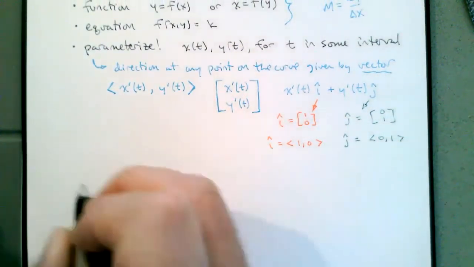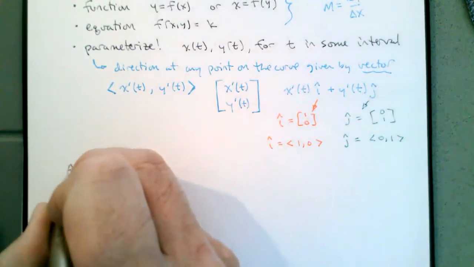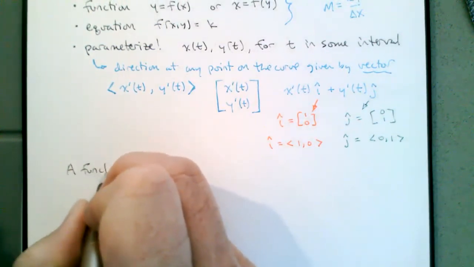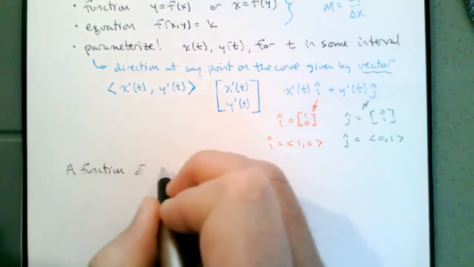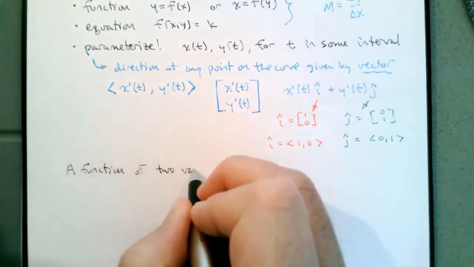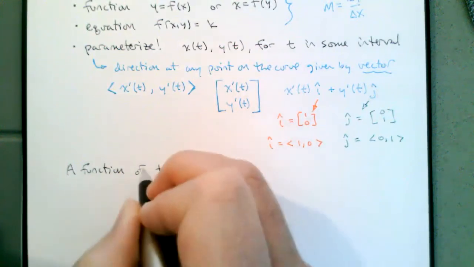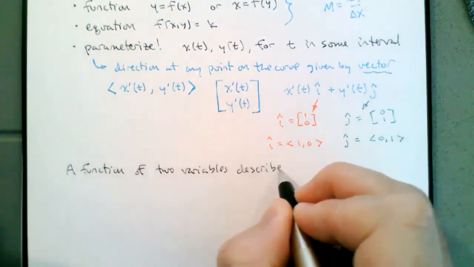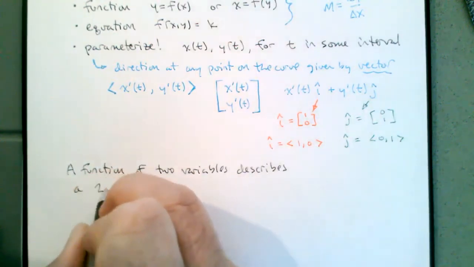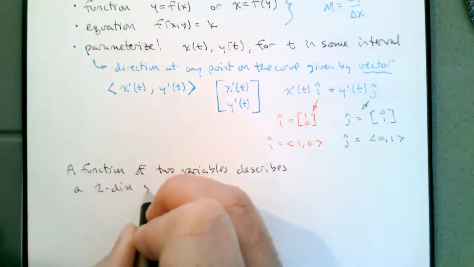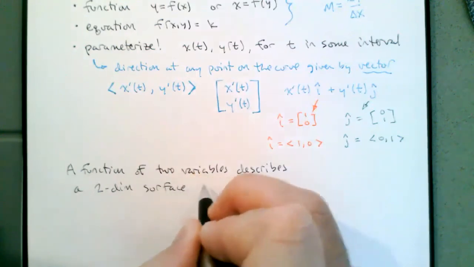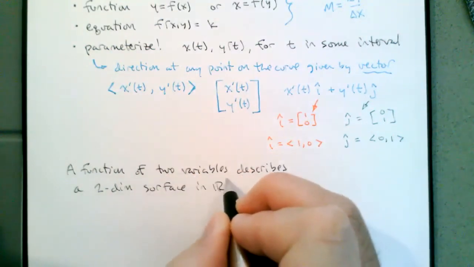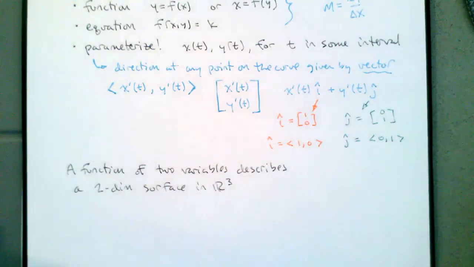So when we have a function of two variables, it is describing a two-dimensional surface in R3.